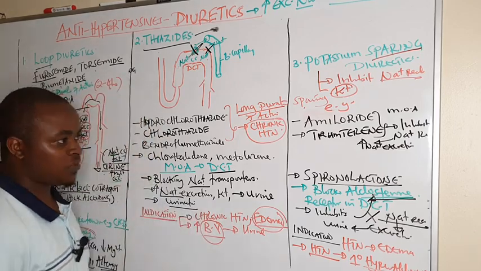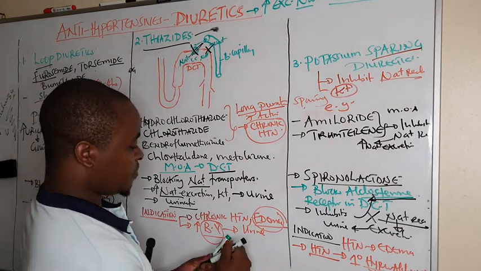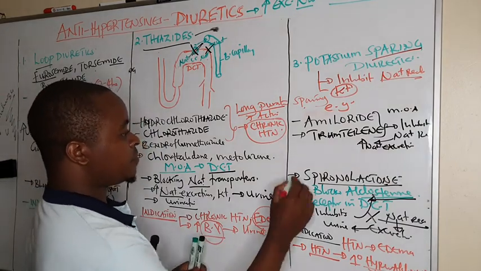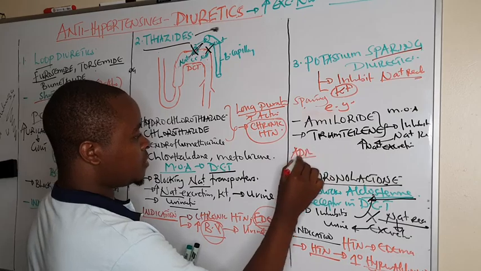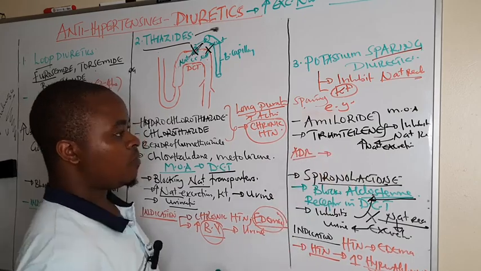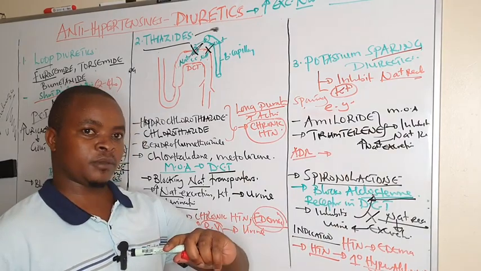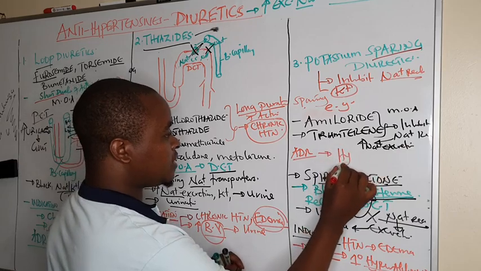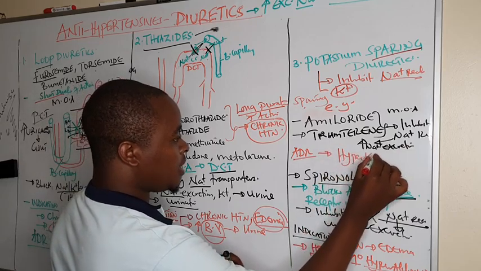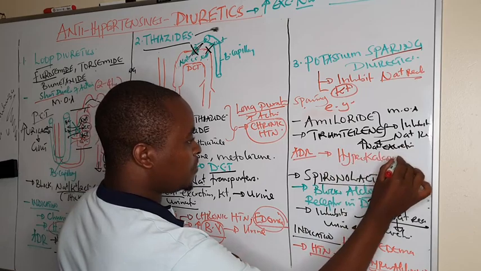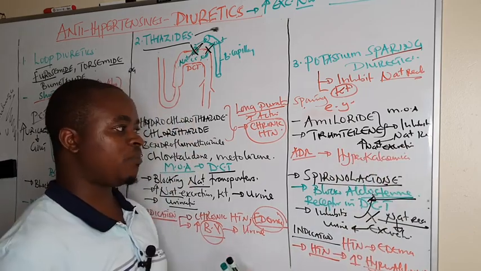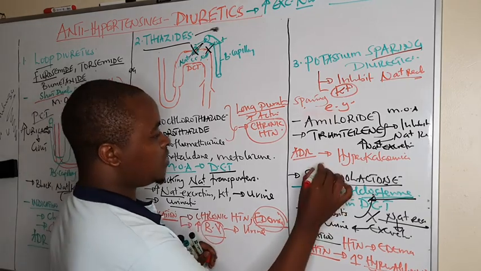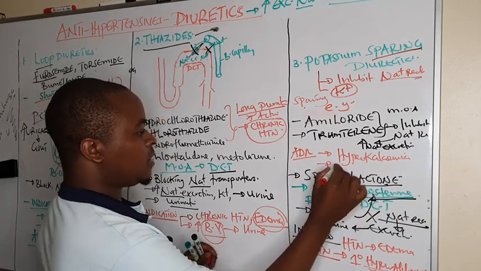But the adverse reactions of these drugs include, because they are sparing potassium, we can easily see hyperkalemia. The patient can suffer from hyperkalemia, or we can also see gynecomastia.